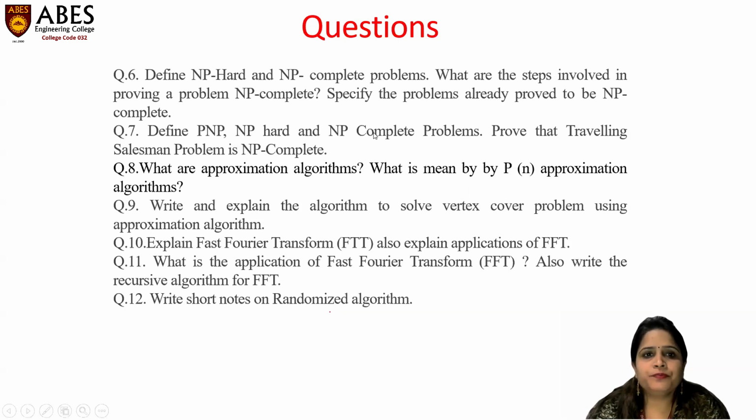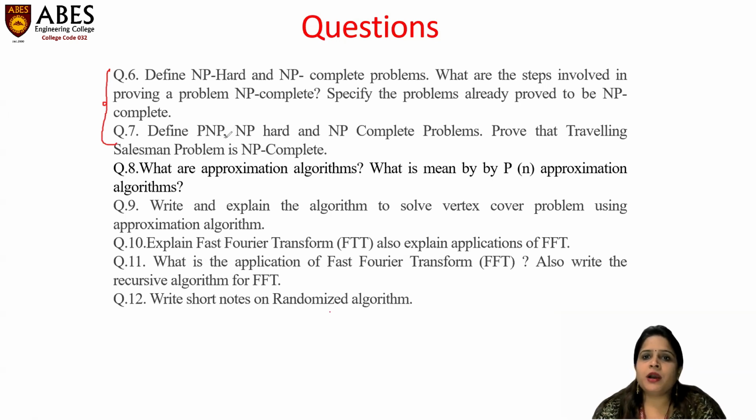Next, question number 6. Questions 6 and 7 are based on our NP completeness theory. According to that, define NP hard and NP complete problem. What are the steps involved in proving a problem NP complete? Specify the problems already proved to be NP complete. In this question, first explain what is an NP hard problem and what is an NP complete problem.